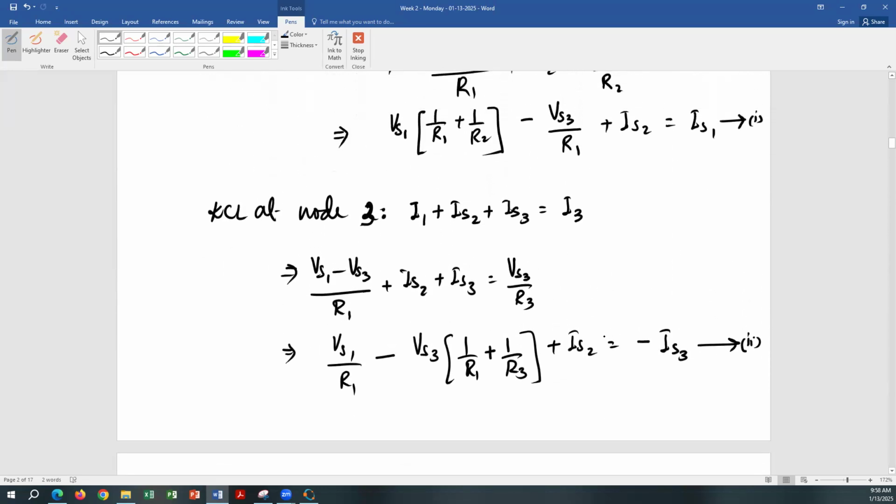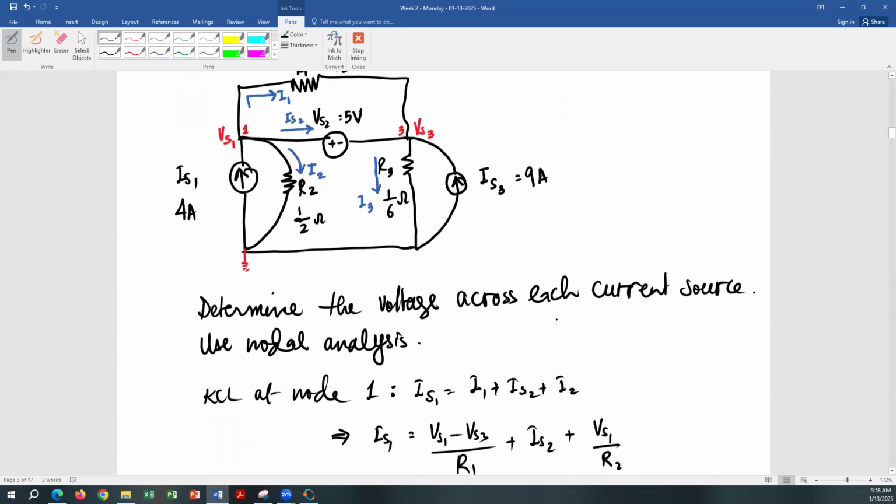All right. 3 unknowns, 2 equations. That means we need one more equation. Where is that equation going to come from? You cannot solve 3 unknowns from 2 equations. So where is the third equation going to come from?